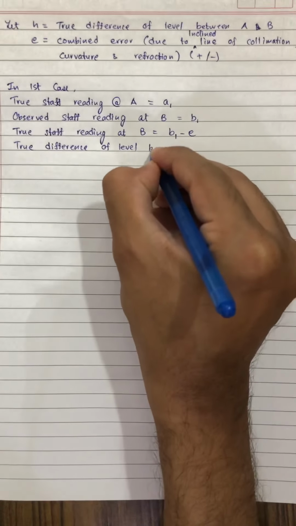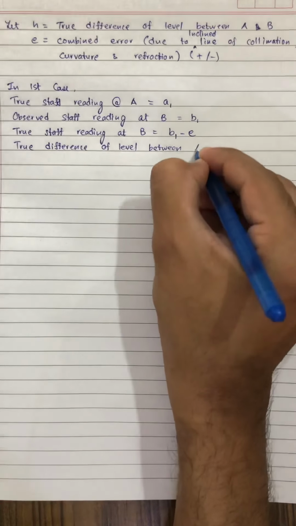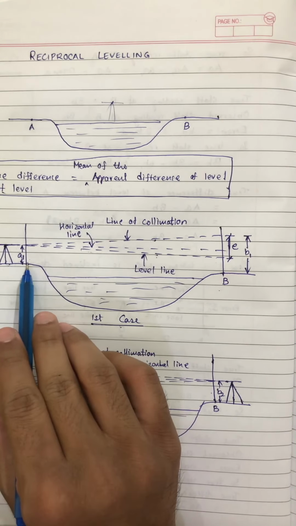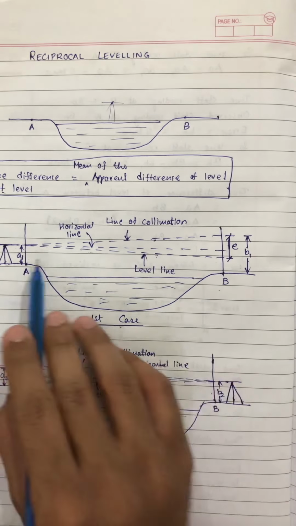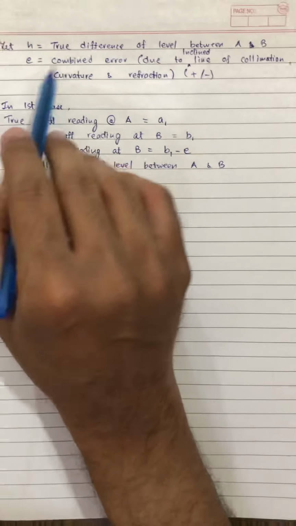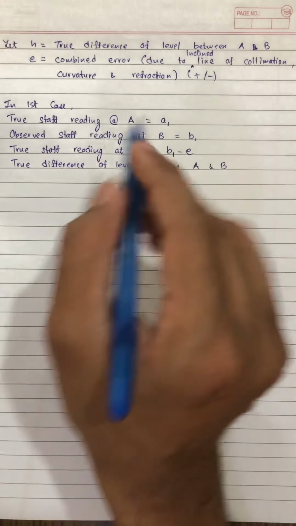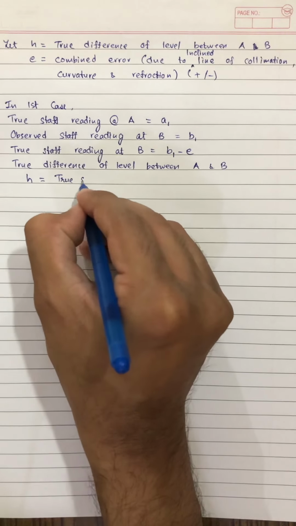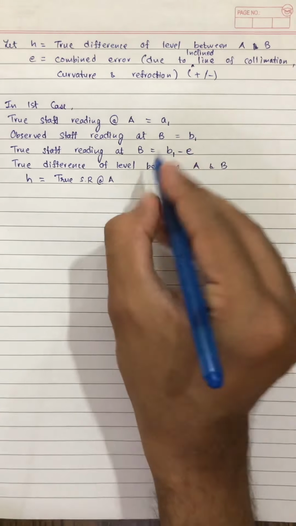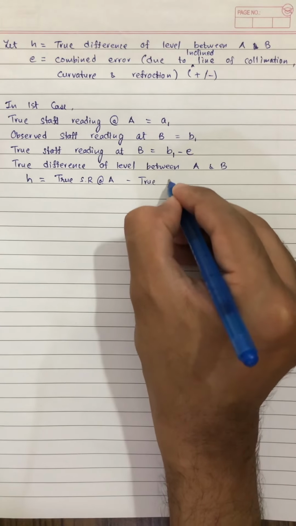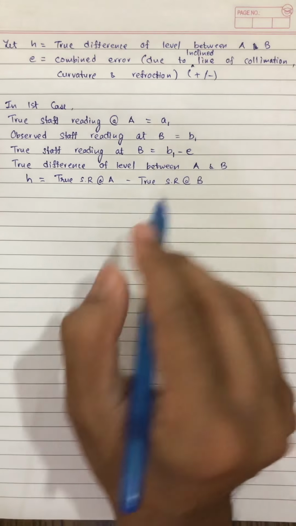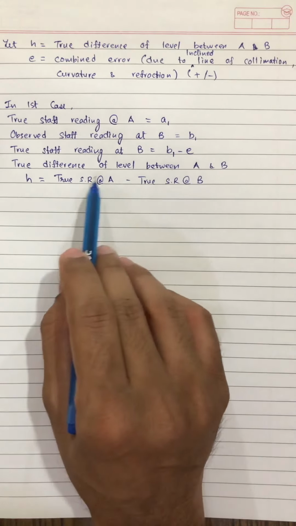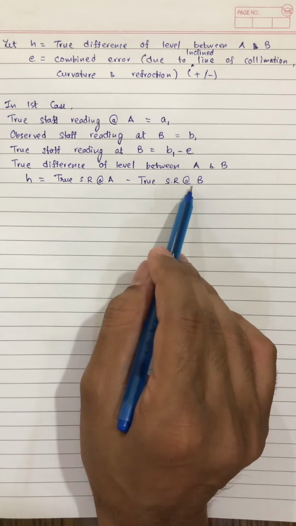True difference of level between A and B will be the difference between the true staff readings at A and B. So as we have marked, H is equal to the true difference of level between A and B. We will call this H, and this is equal to true staff reading at A minus true staff reading at B.